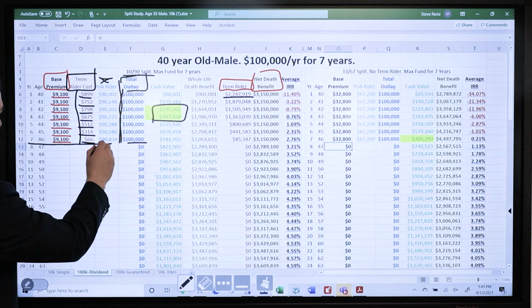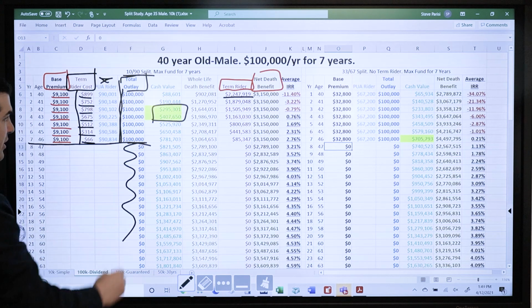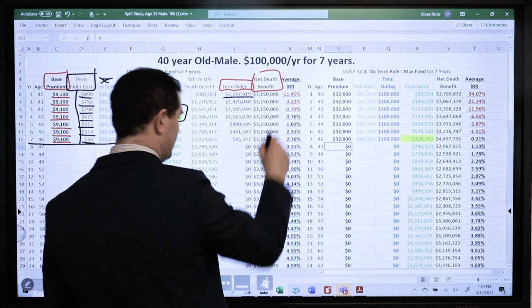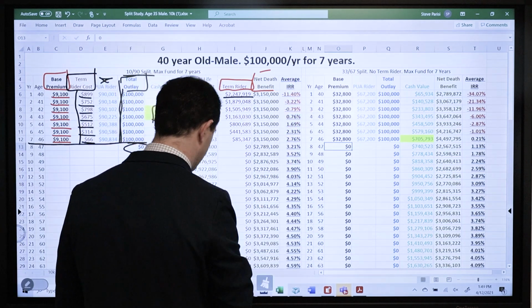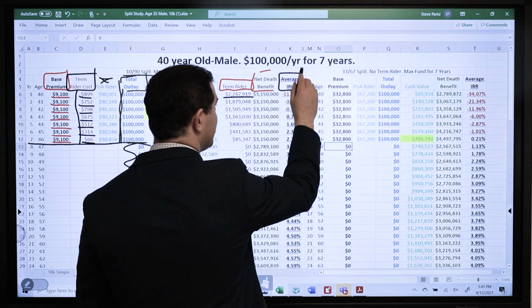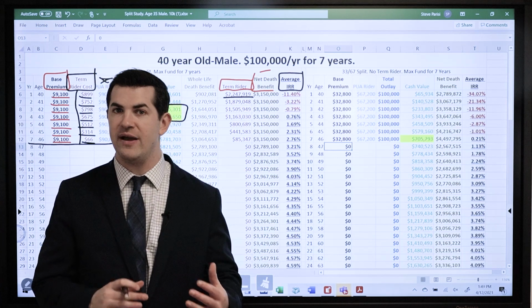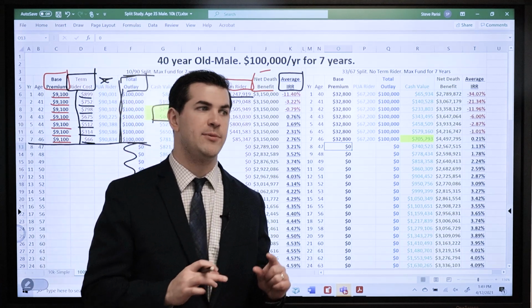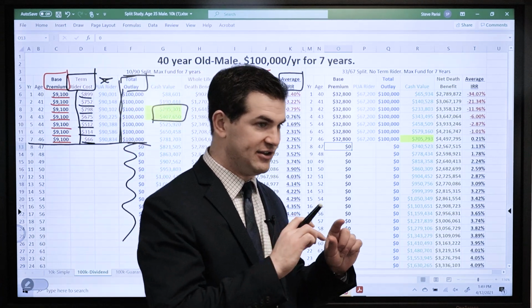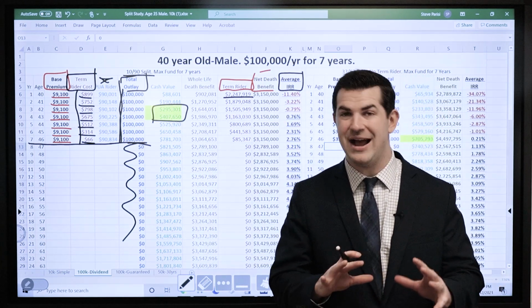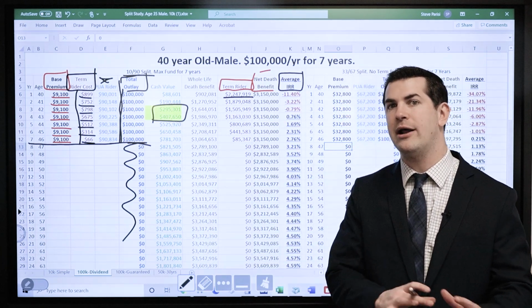Okay, after the 7 years, cash value continues to grow. Average internal rate of return. This is very important here. Anytime we see a dividend rate on a life insurance policy, we want to be mindful of the fact that dividend rate is not what we are actually earning on our money.